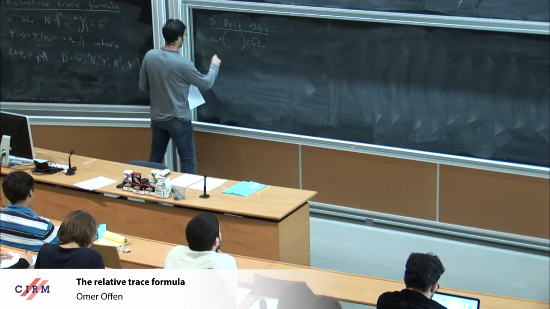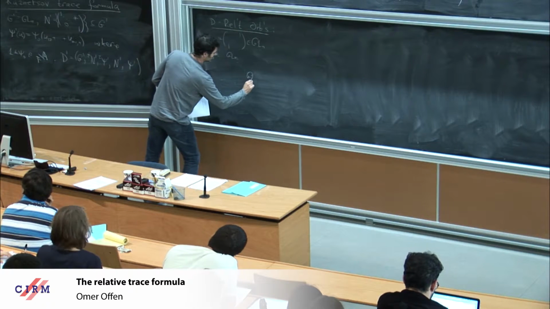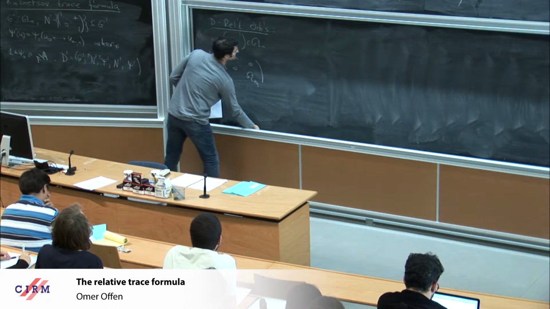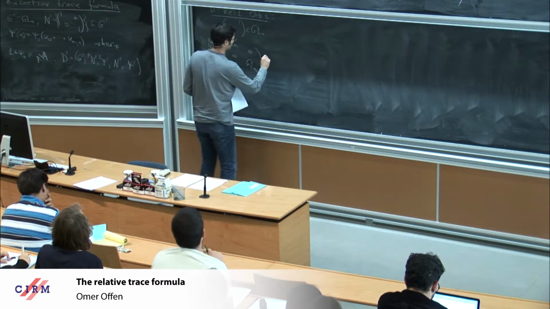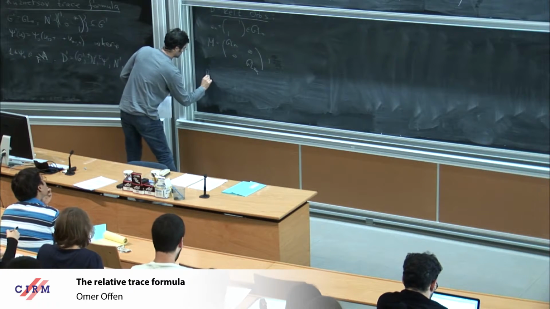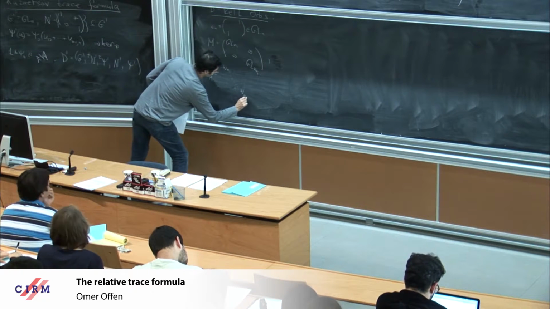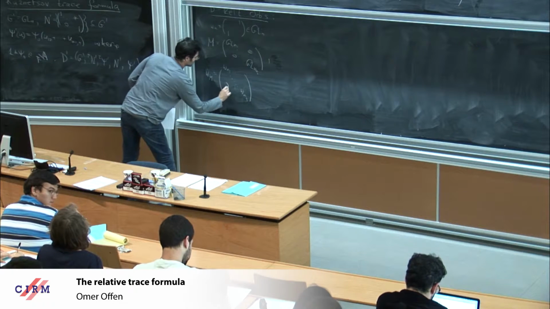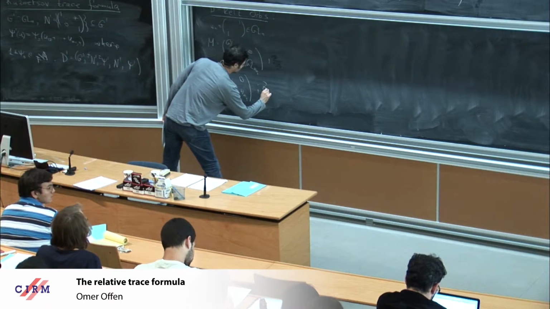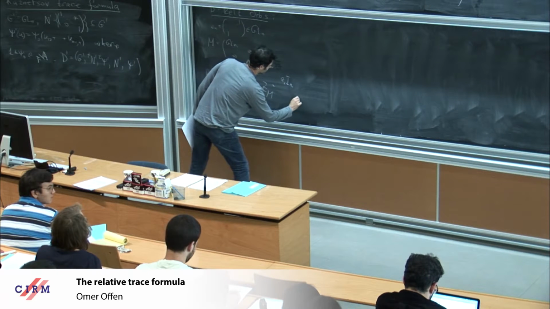And if we have any standard Levi, GLn1 up to GLnk, then let me denote by Wm the longest Weyl element of the Levi, and by Zm the center of the Levi, so scalar matrices in block diagonals.